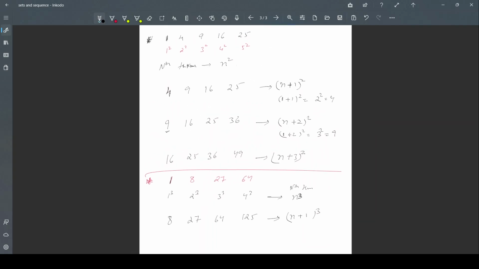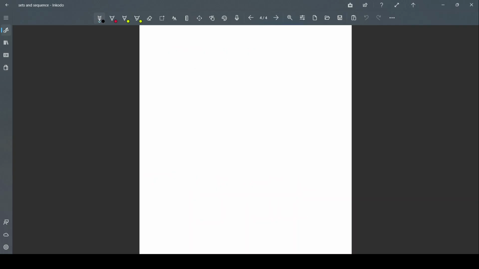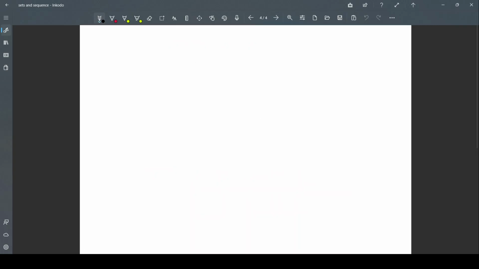There is one more thing that you can keep in mind in case of square and cube. Like if the question is in this format, you know that the square numbers start from 1, 4, 9. 1 square is 1, 2 square is 4, 3 square is 9, 4 square is 16 and 5 square is 25.